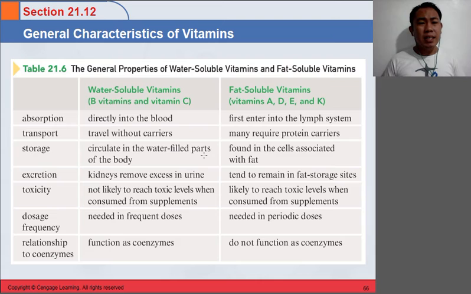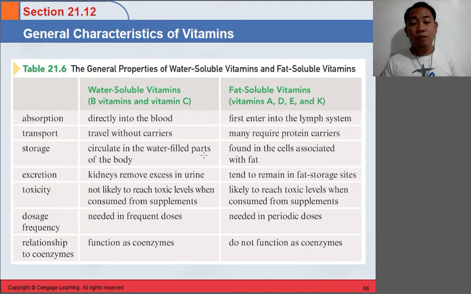How about toxicity? Water soluble vitamins are not likely to reach toxic levels when consumed from supplements, while fat soluble vitamins are likely to reach toxic levels when consumed from supplements. That is why they should be taken with prescription, especially the fat soluble vitamins.